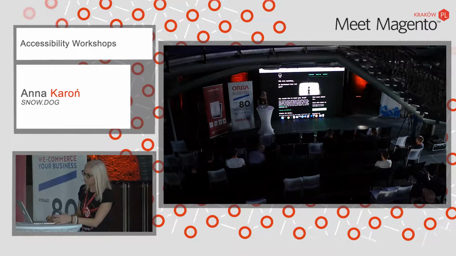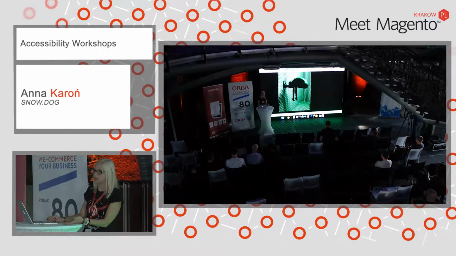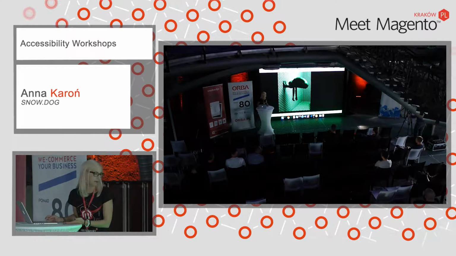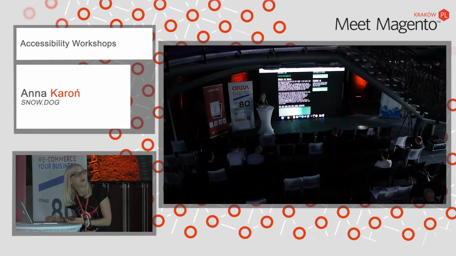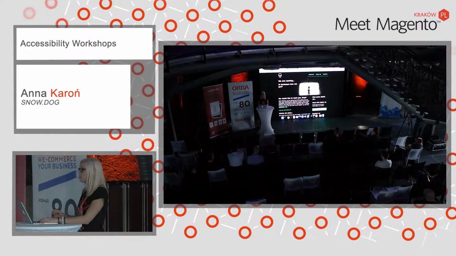So we can read our page now with the screen reader. Check this. We have some black text on the green background and such. So we can say it's really nice. Let's check it first of all with Lighthouse.